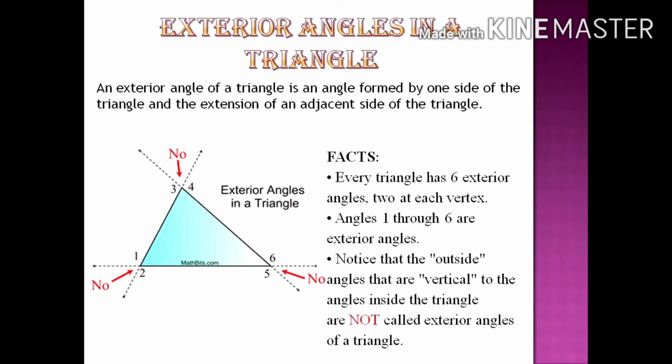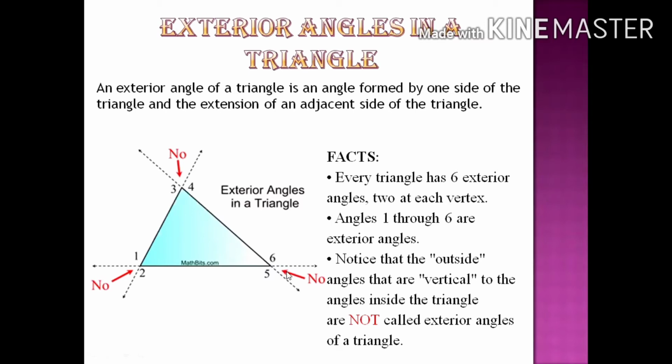Notice, most important, the third point: the outside angles vertically opposite to the angles inside the triangle are not exterior angles. Beta, here you just see outside, which angles you were getting, this and this. These two are not exterior angles. They are the vertical angles of the given triangle.